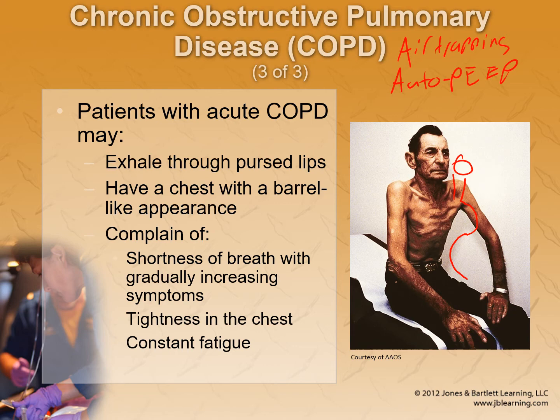And that chest is bowed out relative to the rest of his body. And that's from his lungs being chronically overinflated. He's actually remodeled his rib cage, and there's constantly air trapped in there. So that barrel-chested appearance can be acute, can be chronic, but it's a sign of either a severe chronic or severe acute condition, and it should catch your eye and alert you that this patient has a significant history, or is in significant trouble.